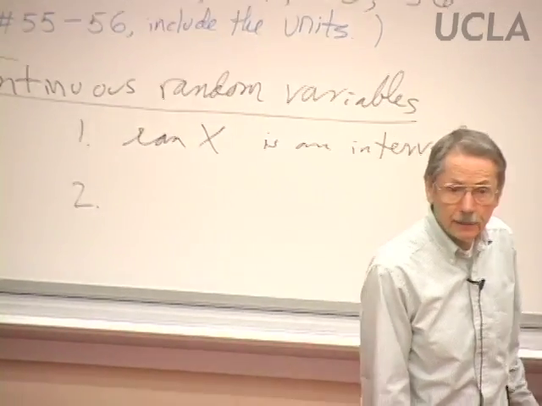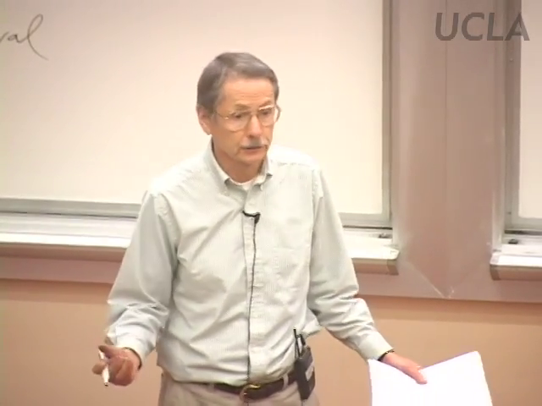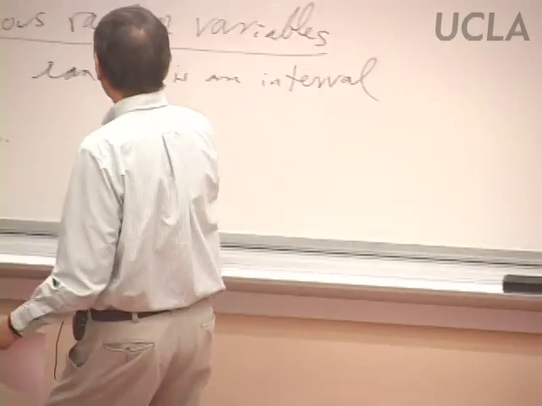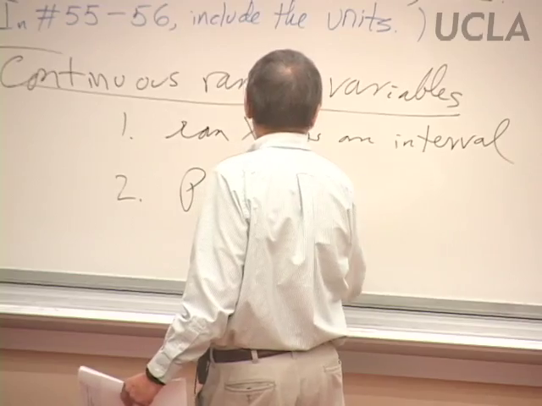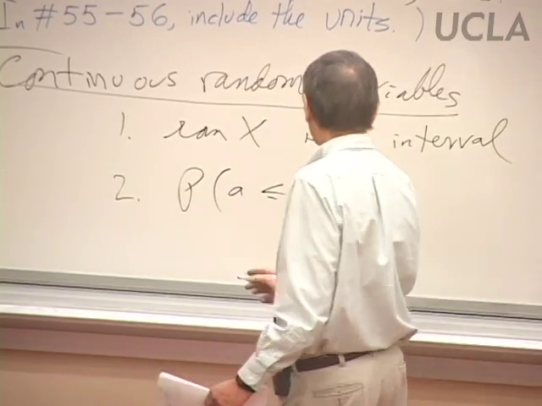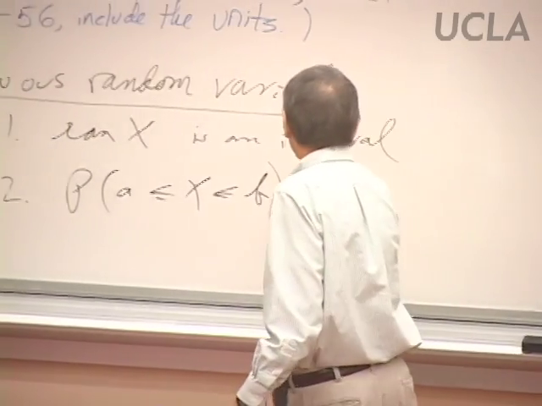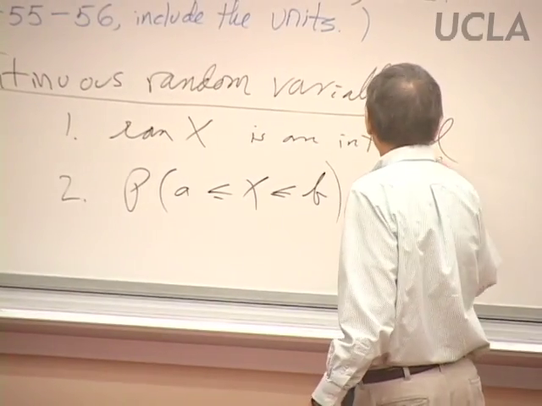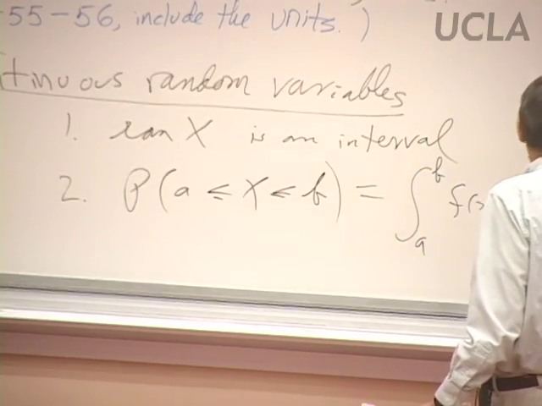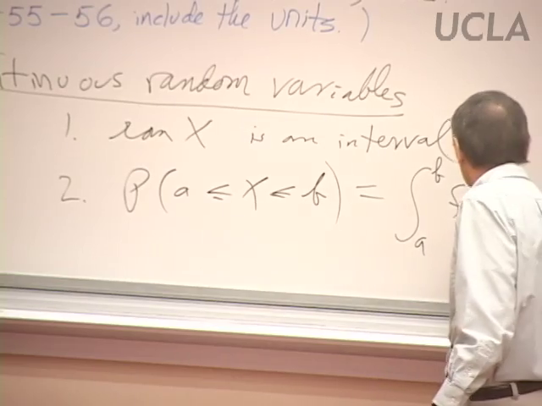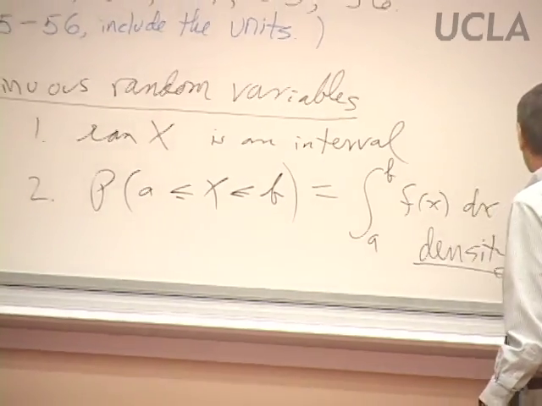And instead of a probability mass function, what we have now is a density function. And the probability that we get an outcome, say in the interval from A to B, is obtained by integrating the density function, where little f is the density function.